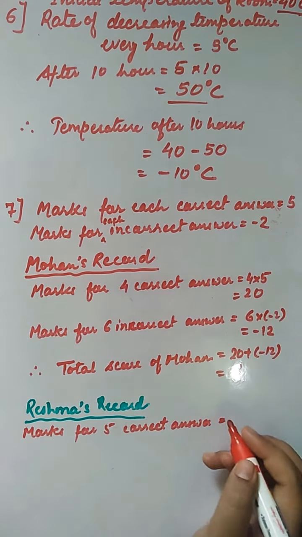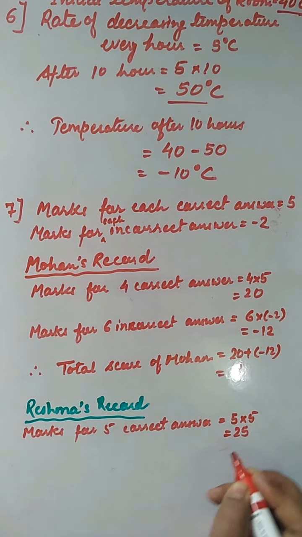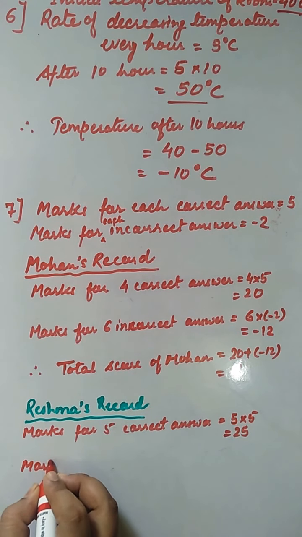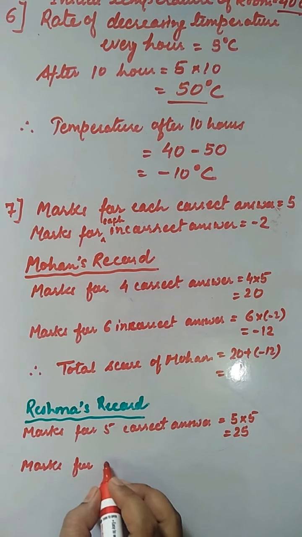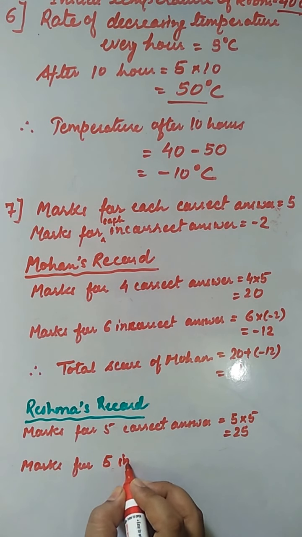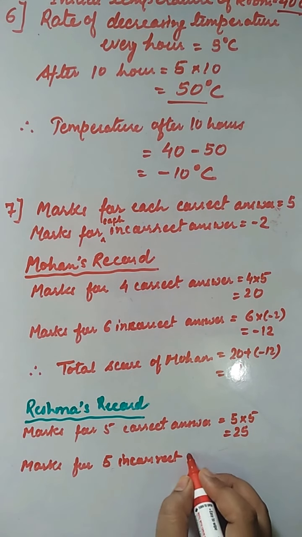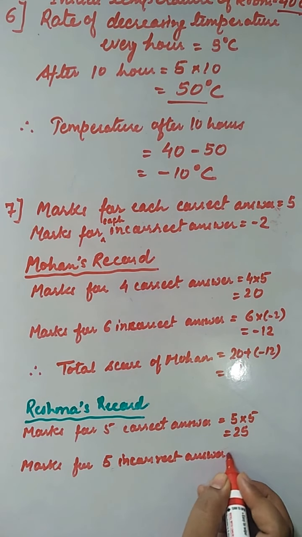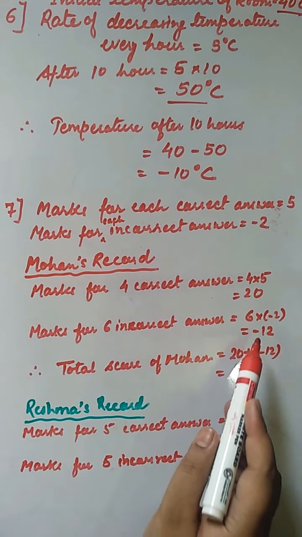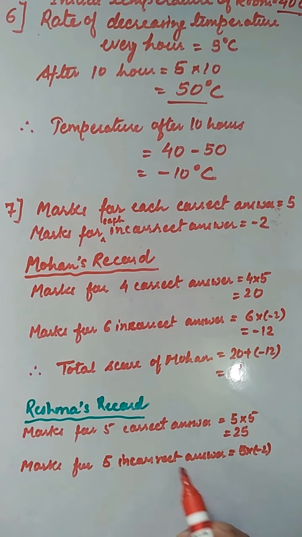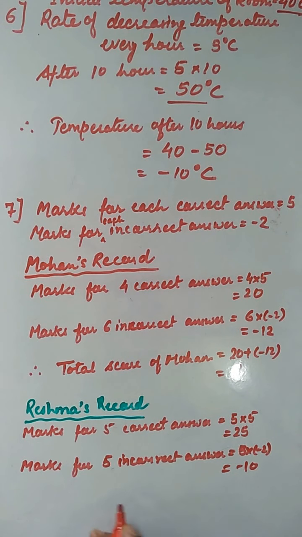Because 1 correct answer is 5, so 5 into 5 is 25. Then marks for incorrect answers: she has done 5 incorrect answers. So this will be 5 into minus 2, because for 1 wrong answer minus 2 marks will be there. So 5 incorrect answers, 5 into minus 2, that is minus 10.